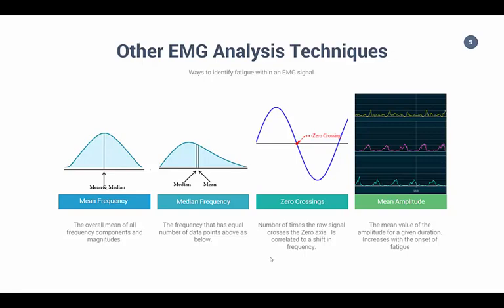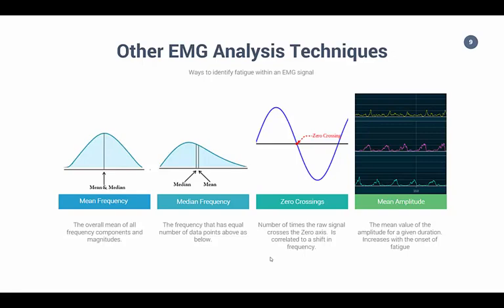We can look at changes in the mean and median frequency, as well as how many times the bipolar signal crosses 0. And then also understand the mean amplitude of the signal as it changes over time. Does it rise or does it fall?